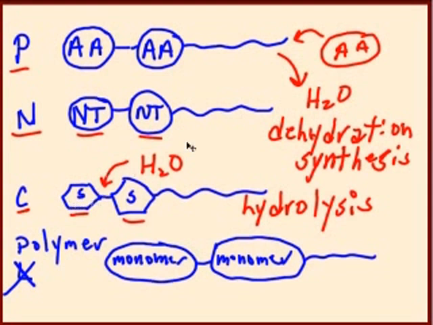To lengthen the polymer, you have to remove water, and that process is called dehydration synthesis. To shorten the polymer, you have to add water, and that process is called hydrolysis, water splitting. And that's all I'll say about polymers and polymerization.